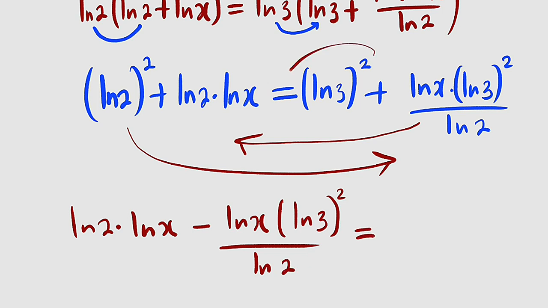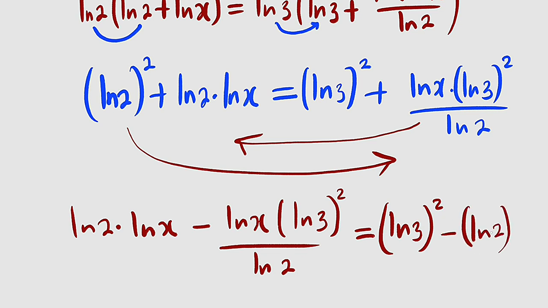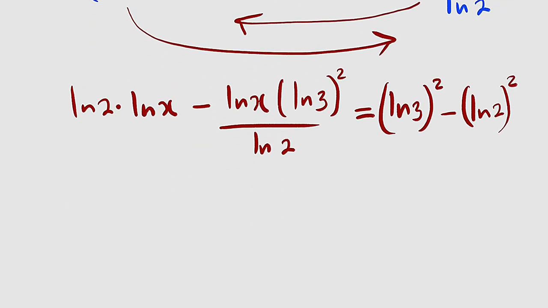And this is equal to, already we have (ln 3)² on the right hand side. As (ln 2)² crosses over, it becomes negative (ln 2)². But on the left hand side, you can see both terms contain ln x in common, so we can factor it out.